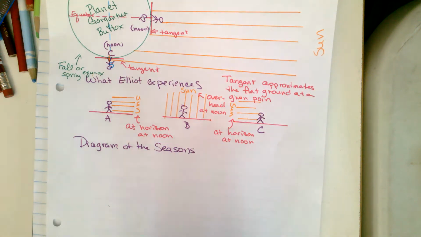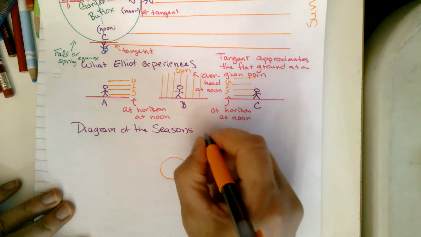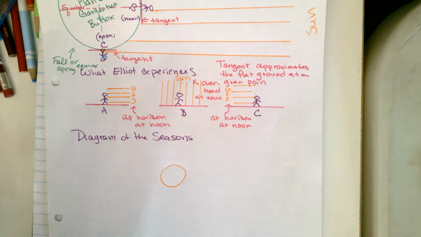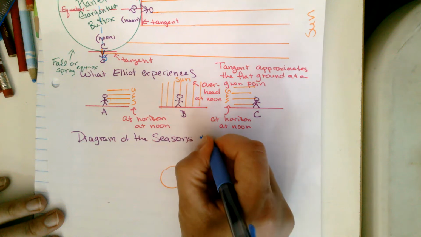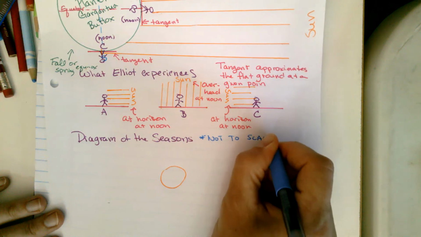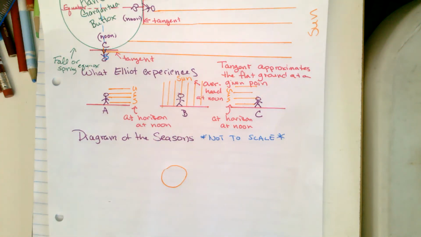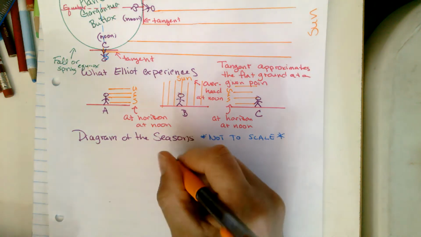So, we're going to start off with the sun in the middle. And we're going to definitely put this little safety valve on here. This is going to be super not to scale. Keep in mind, this is to give us a basic idea of how these angles work. This is not to give us a real idea of the real system.